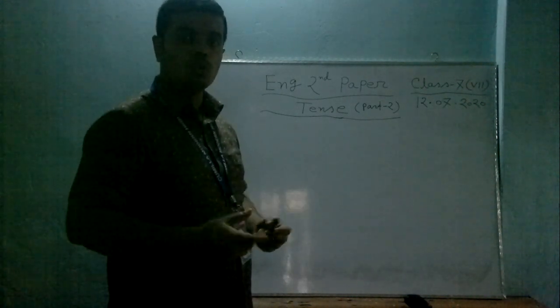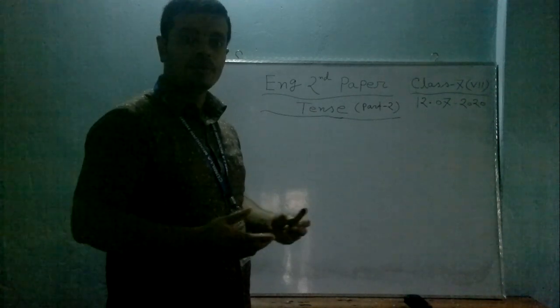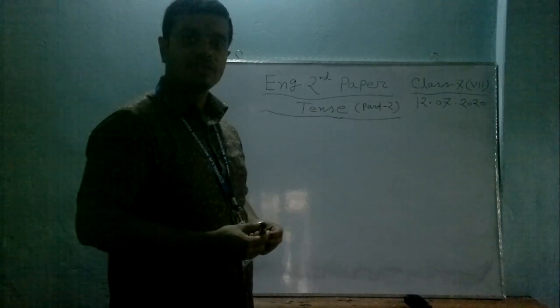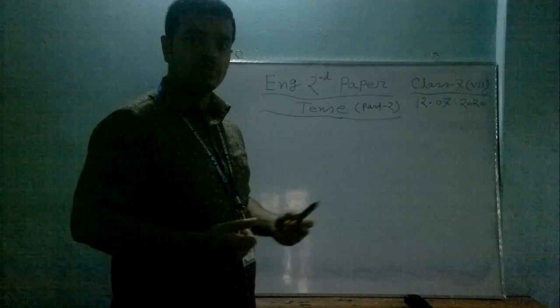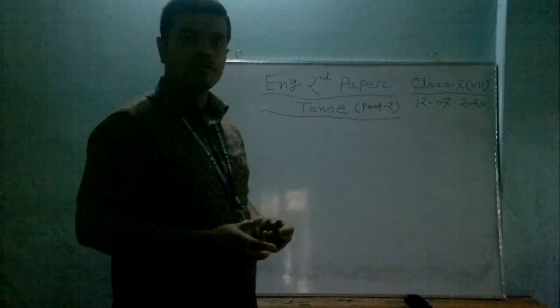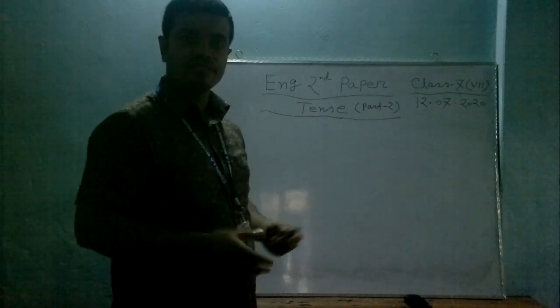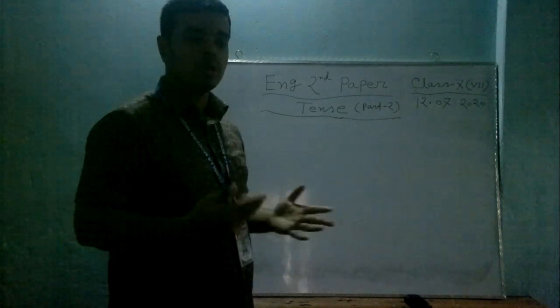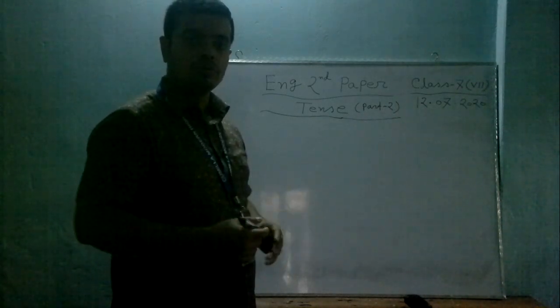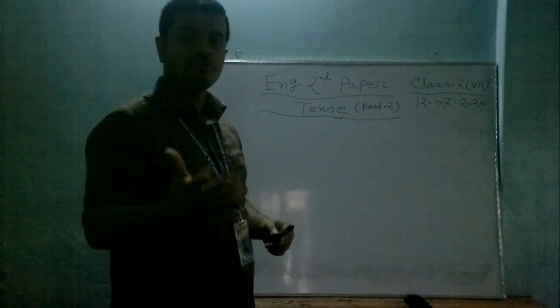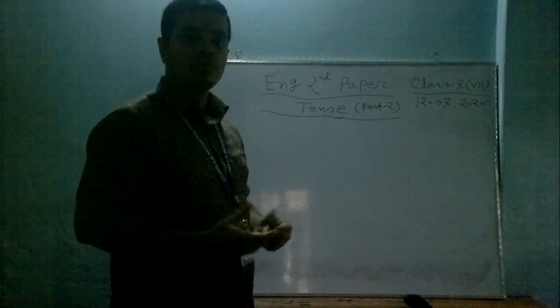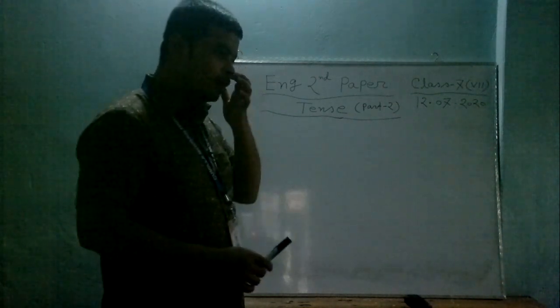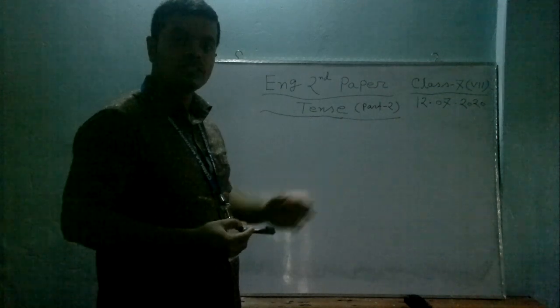If we want to do any work in the present, it is called present tense. If we did any work a few days ago, it is called past tense. And if you want to do any work after a few days, it is called future tense. Now our topic is future tense.